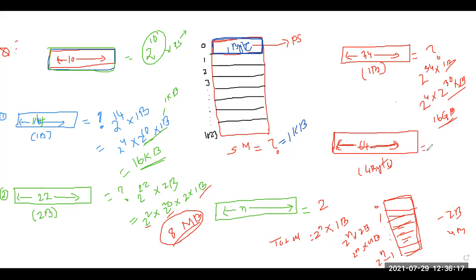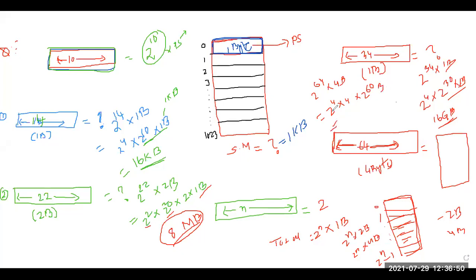Now tell me with this hardware architecture, what is the maximum size of memory that you can support? So it will be what? 2 to the power of 64 into 4 byte. So if I convert this one, it will be 2 to the power of 4 into 2 to the power of 60, into 4 byte.